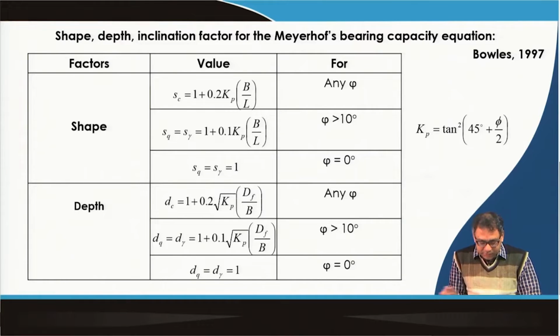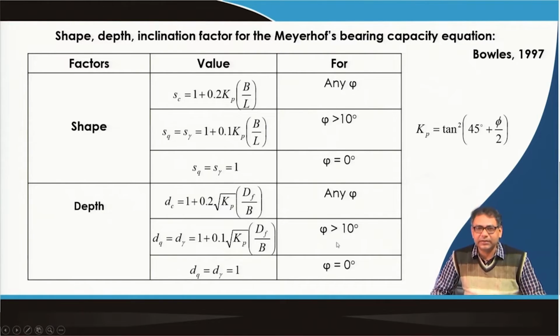Similarly, we can calculate the depth factor also. D_f is the depth of the foundation, B is the width of the foundation, and again for phi equal to 0, d_q and d_gamma are equal to 1. d_c is for any phi, but d_q and d_gamma differ if phi is greater than 10 degrees. So either phi is equal to 0 degree or phi is greater than 10 degrees.